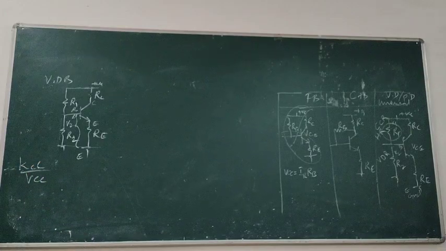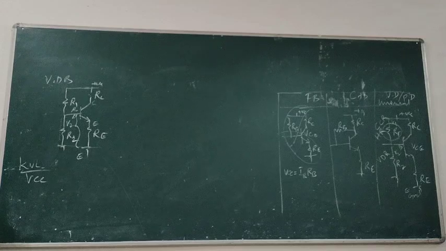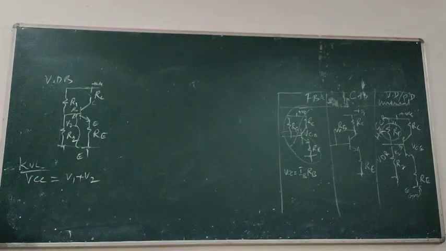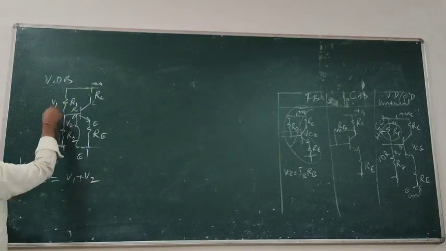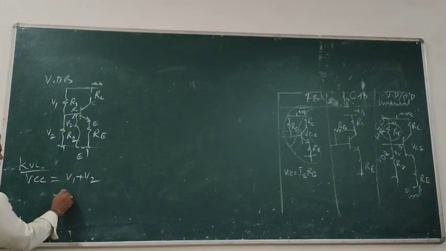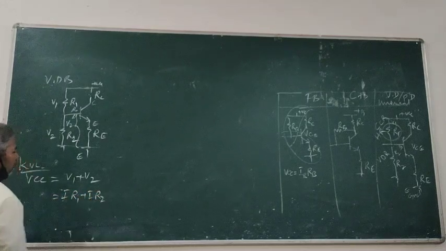So this is VCC, the supply voltage. As per Kirchhoff voltage law, VCC is equal to V1 plus V2. Clear? How does this V1 plus V2 come? I into R1, I into R2.